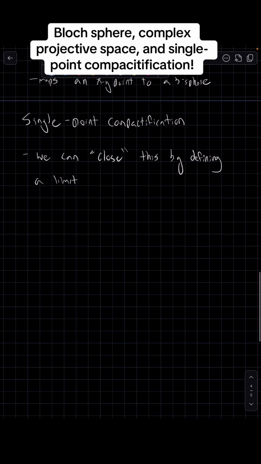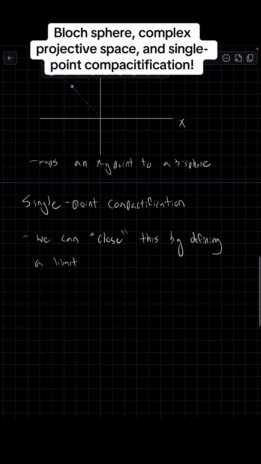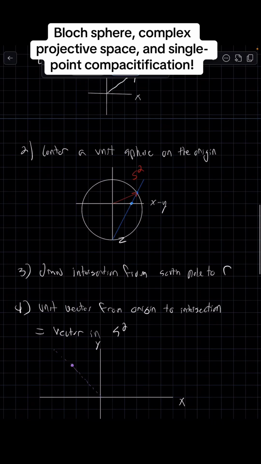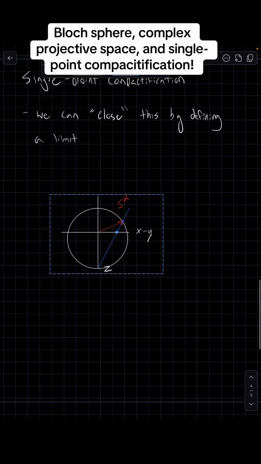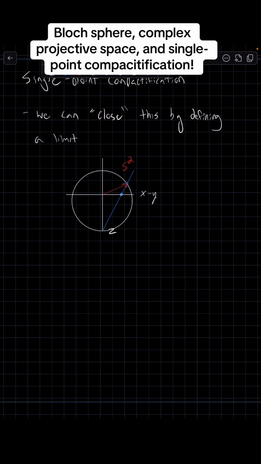So if I draw this drawing again, you can see as u2 over u1 goes to 0, R will point to north.